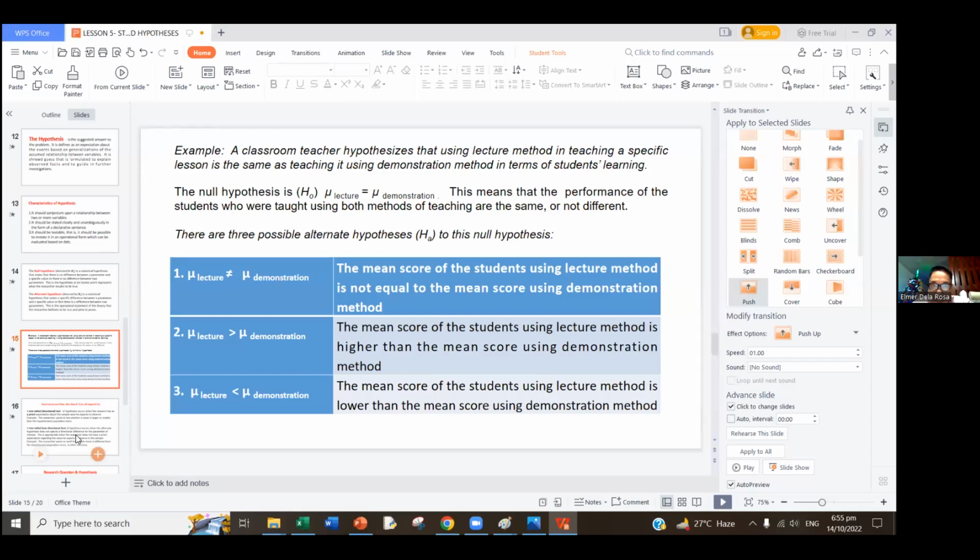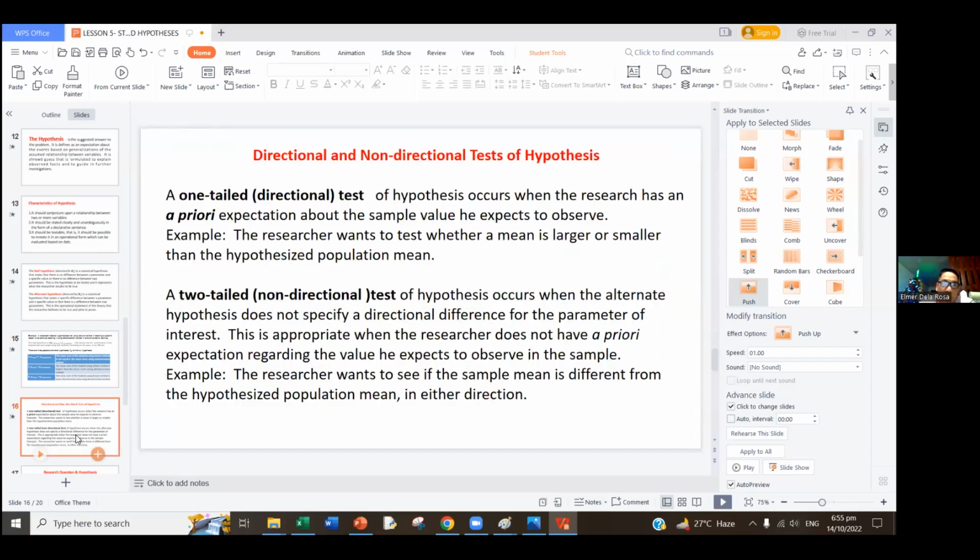So the first alternate hypothesis in this table is written in two-tailed form or non-directional. Yung number 2 at number 3 ay one-tailed. Parehas silang directional. So pag sinabing directional, the researcher has an a priori expectation about the sample value he expects to observe.